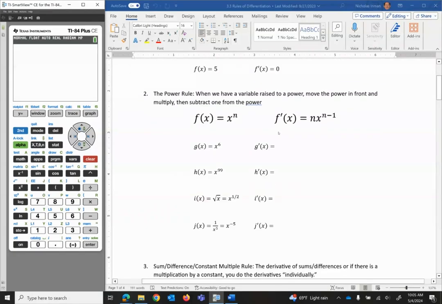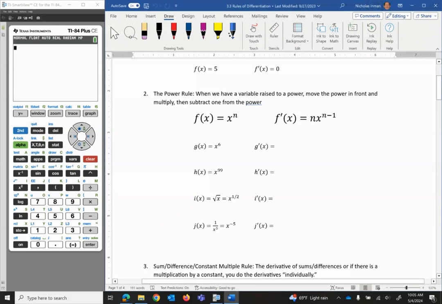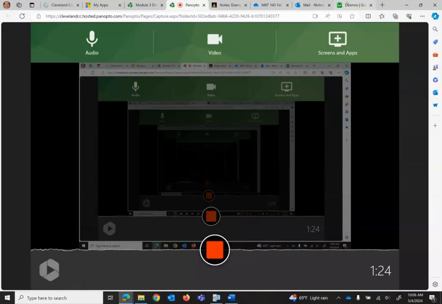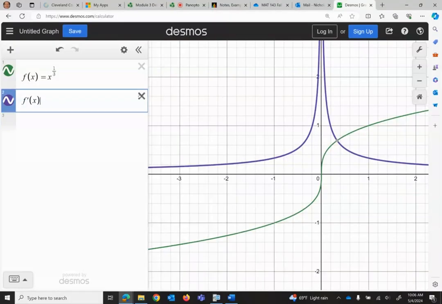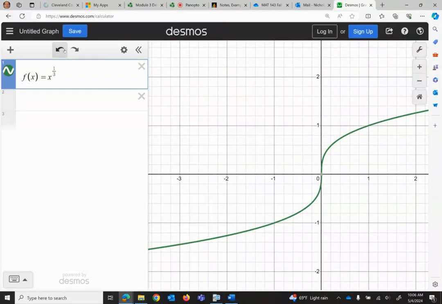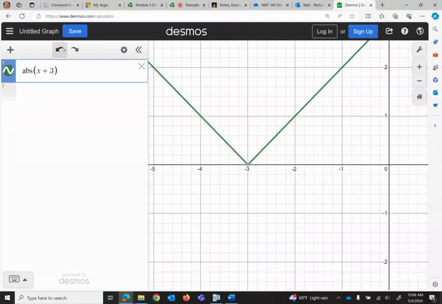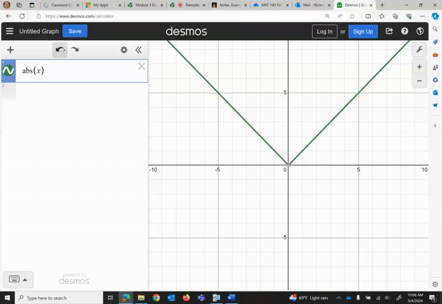And then the power rule. We use this constantly. The power rule just says, if you have x to a power, the derivative of that... We've done this a few times. We did an absolute value, that's right.